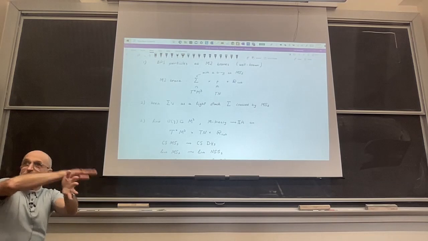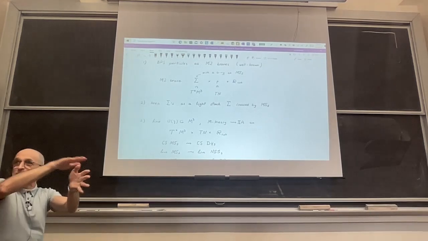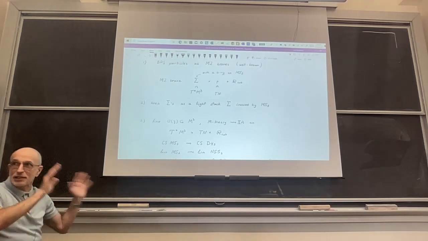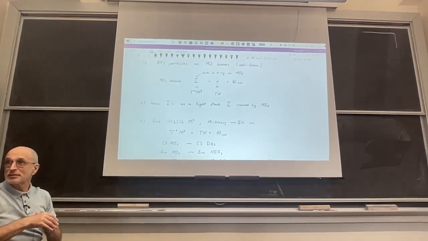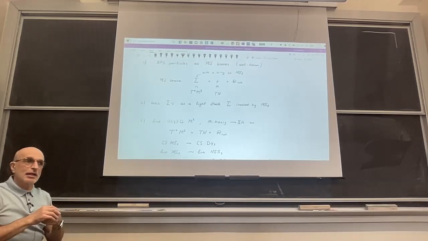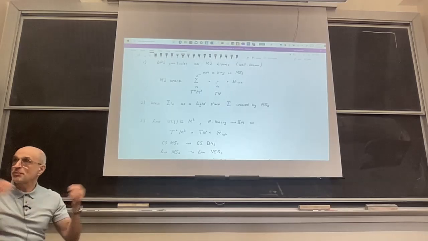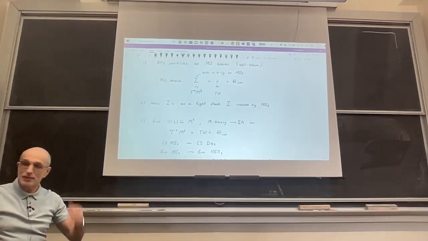So the number of pancakes on different sides of M5 will be different, generally speaking. Again, I will give you a very special, clear example. So sigma is like a homomorphic disc; in our example, it will be a strip. It will be a segment cross R, as you will see.